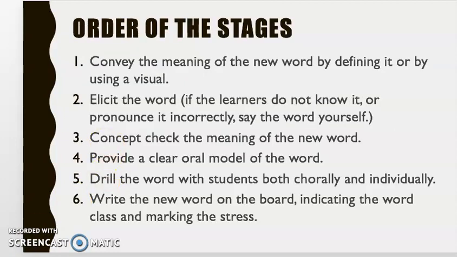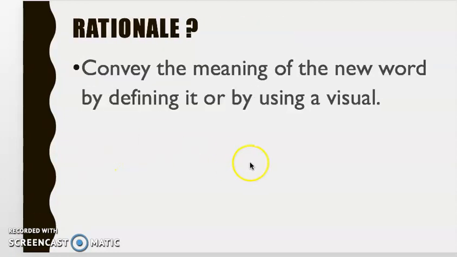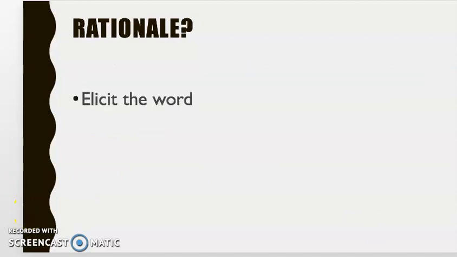Yeah, so this is the right order. We've just talked about this one, right? We need to make sure that the meaning is clearly established, right? And then right after that, you need to elicit the word, right? But remember that if you keep eliciting and students do not come up with that, just say the word yourself, okay?